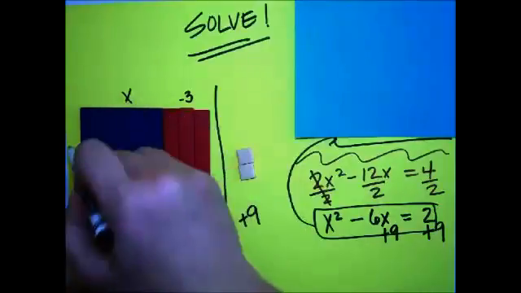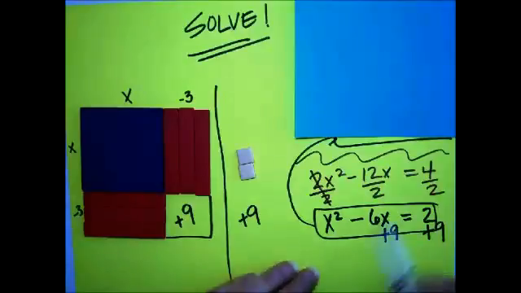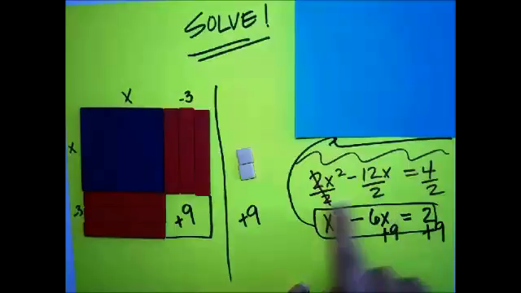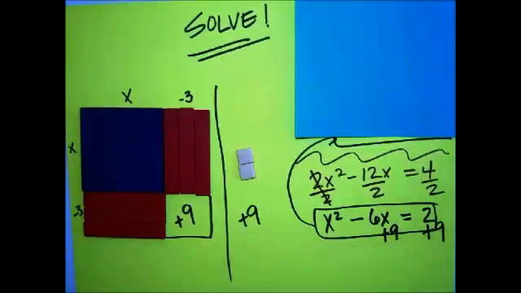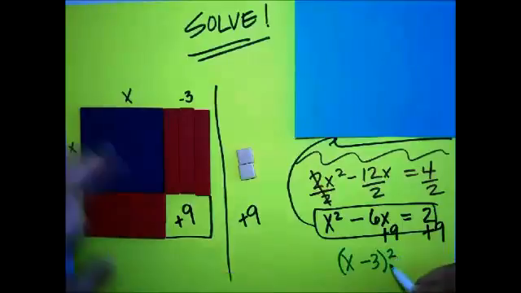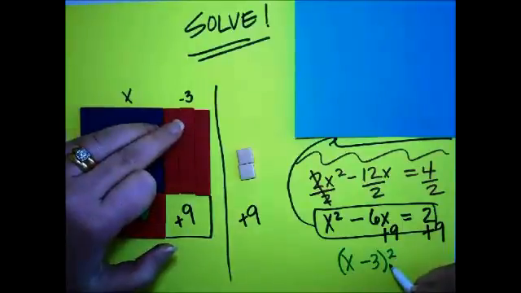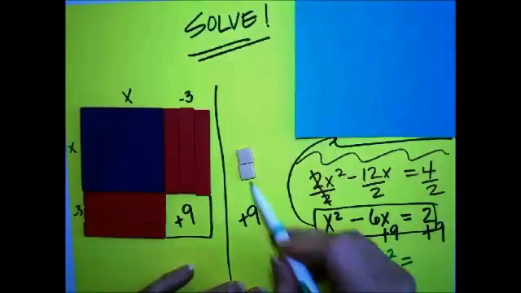So we know that the whole reason that we added 9 here was to make this a perfect square. This is now a perfect square. And it's the perfect square that also goes by the name x minus 3 quantity squared, because the side lengths are x minus 3. And then 9 plus 2, 9, 10, 11, is 11.